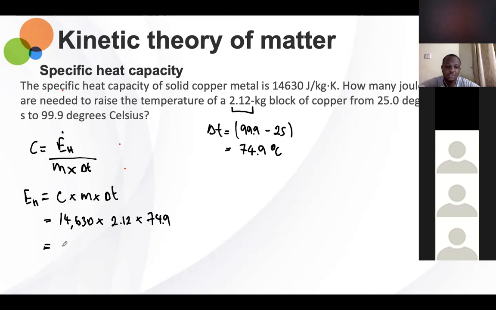All right, so it is 14,630 times 2.12 times 74.9. And how much do we get? All right, could someone confirm?